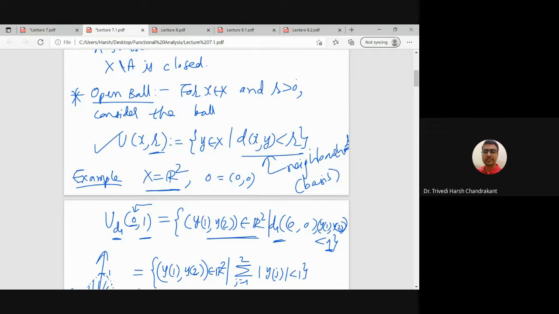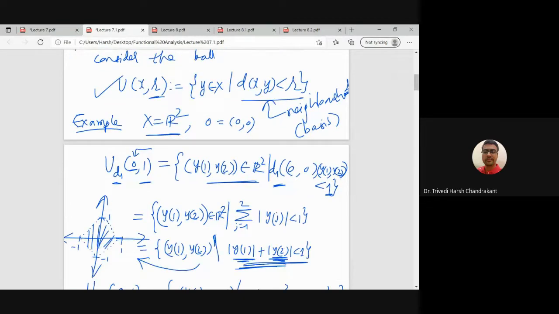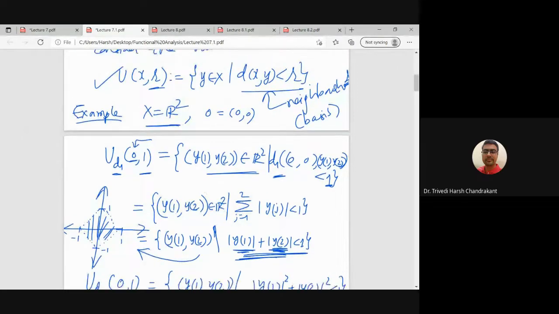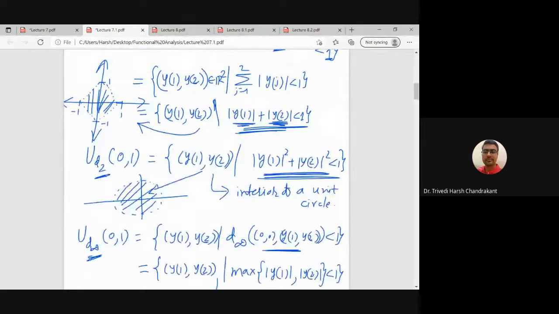If X is R2, this is the open disk. Yeah, so that is what we discussed here. So if we take X equal to R2 and we define the open unit disk centered at the origin. So this is the origin, not 0, right? This is origin 0, comma 0, and 1 is the radius.